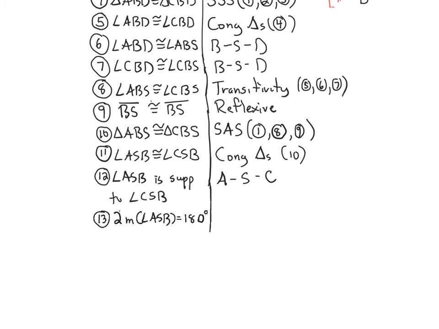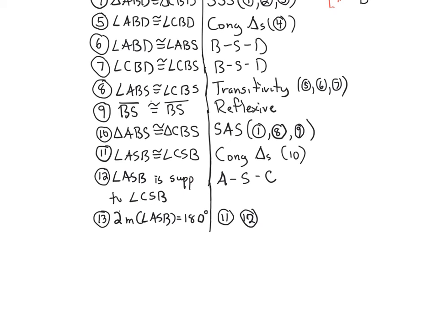And that's by 11 and 12. So 12 tells us that the measure of ASB plus the measure of CSB is 180 degrees.